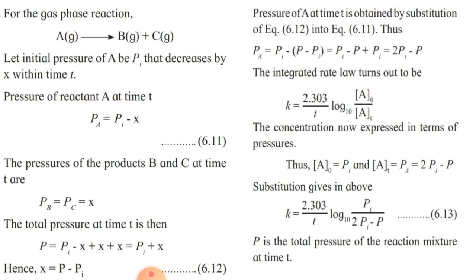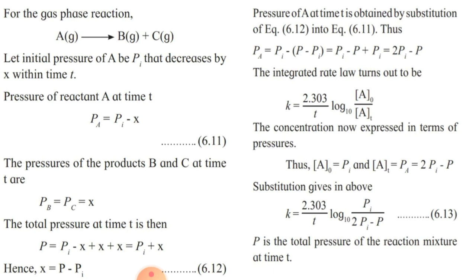X and X is the pressure of the products B and C at time t. Minus X plus X will be cancelled. What is remaining? Pi plus X. So your total pressure P will be equal to Pi plus X.